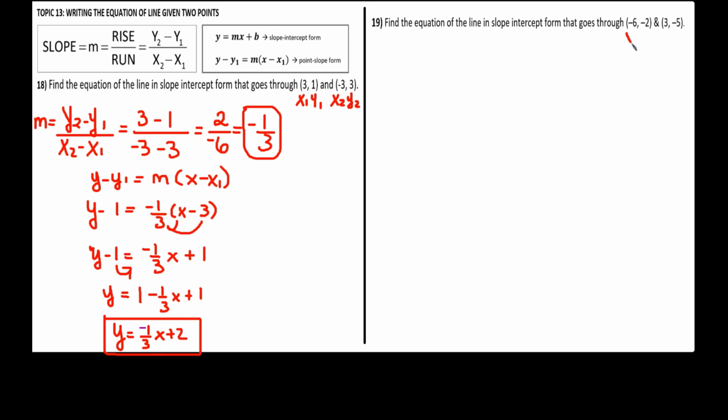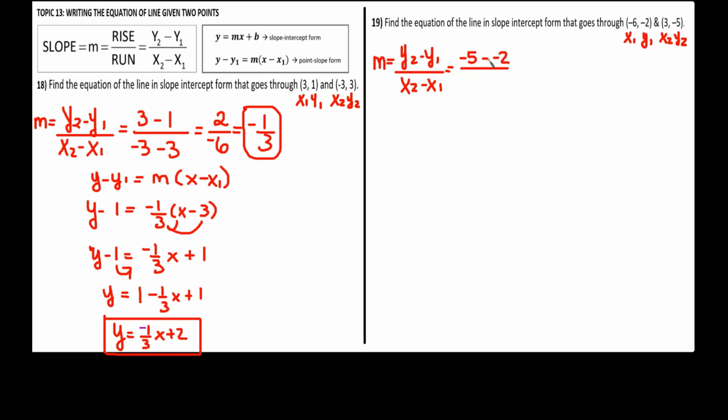Same thing. So x1, y1, x2, y2. I'm going to use the slope formula, which is y2 minus y1 over x2 minus x1, and we'll plug in the numbers. So this will be negative 5 minus y1, which is negative 2. Please be careful here.